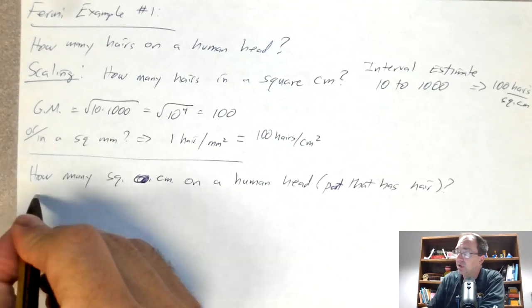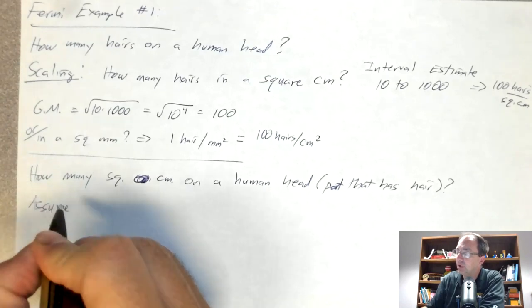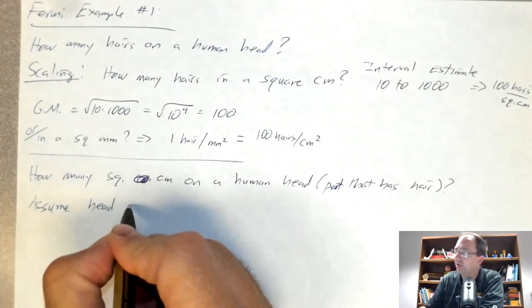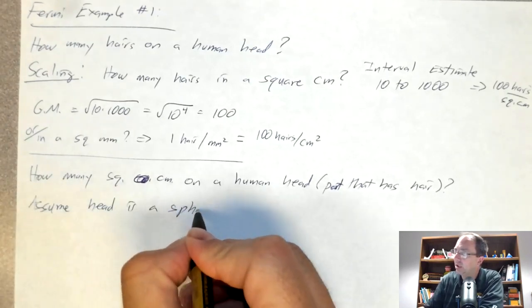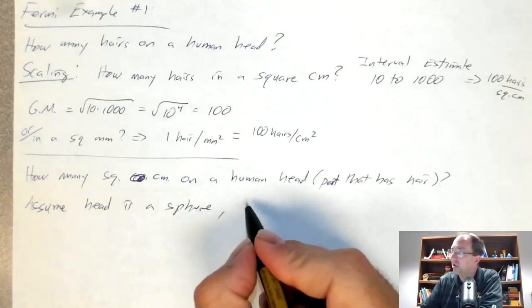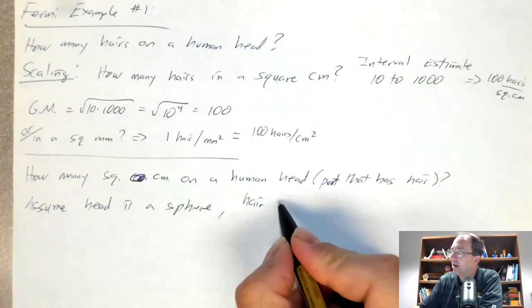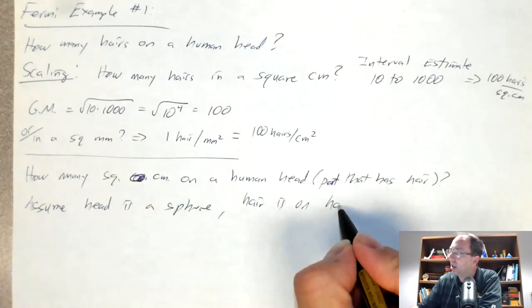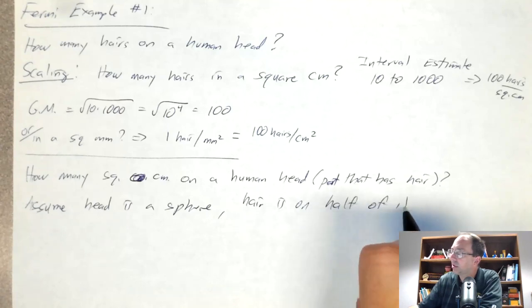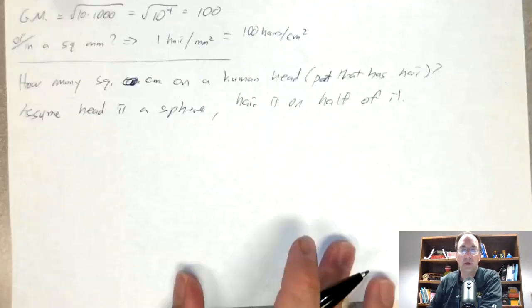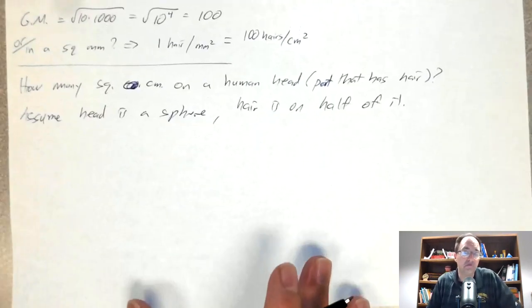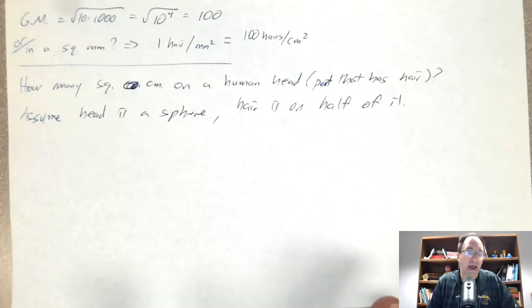For example, we can assume the head is a sphere. And we can also assume that hair is on half of it. Now, is it exactly a sphere? No. Is hair exactly half?